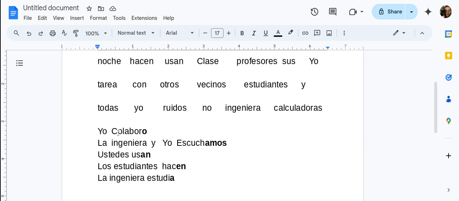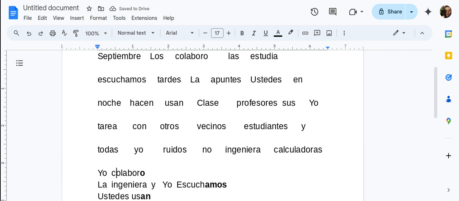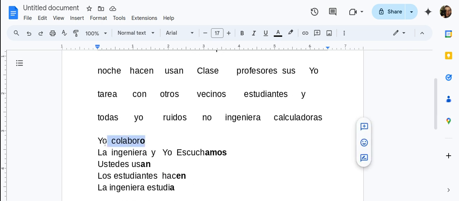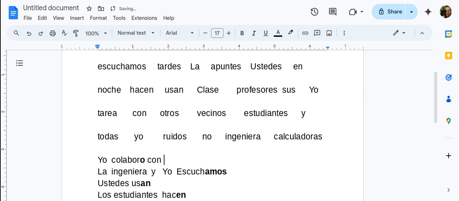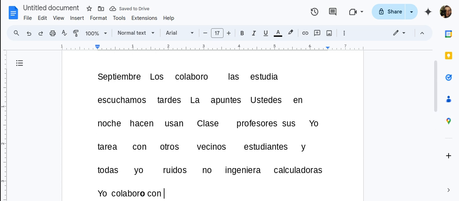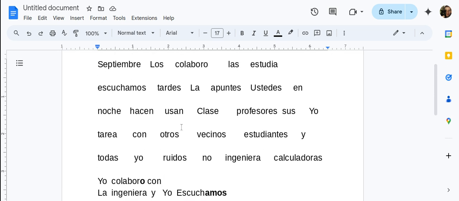All right, now I have to use words that make sense with the first part of my sentences. I collaborate. I collaborate with. I collaborate with whom? Otros.